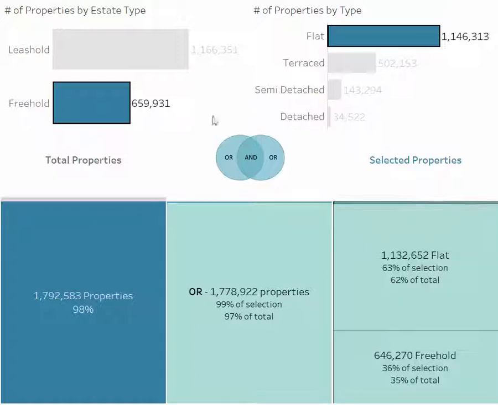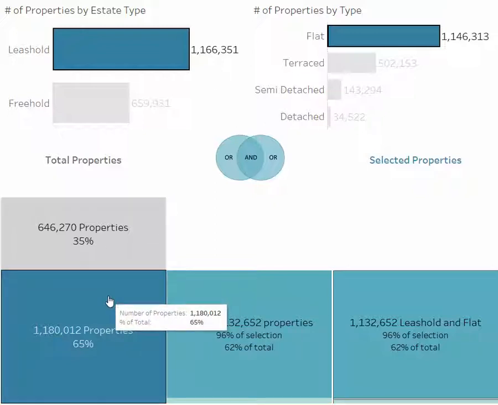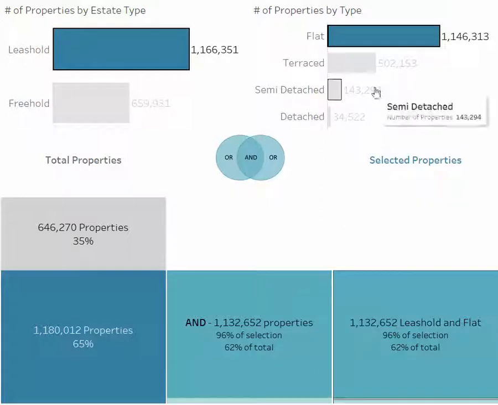So now let's say you wanted to look at the overlap between leasehold and flat. So that gives you 65% of properties. And of properties that are either leasehold or flat, 96% are both. And so you can start to see through really simple interaction, you can analyze relationships, overlaps, exclusions, intersections across those different criteria.